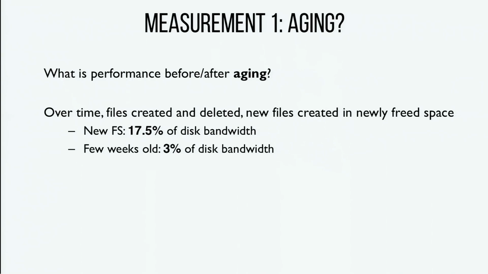Now it's hard to find free space that's next to other free space, and your system tends to get very fragmented. So if they had a completely new file system, they got almost 18% of the peak bandwidth, but after it ran for a while, it would go down to that 2 or 3%. Great, yeah?